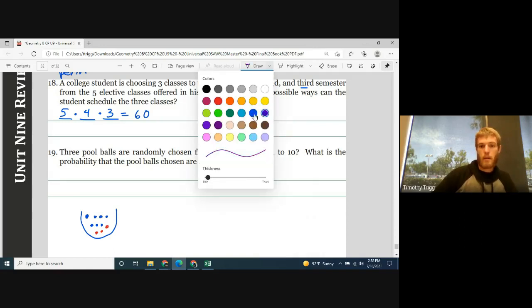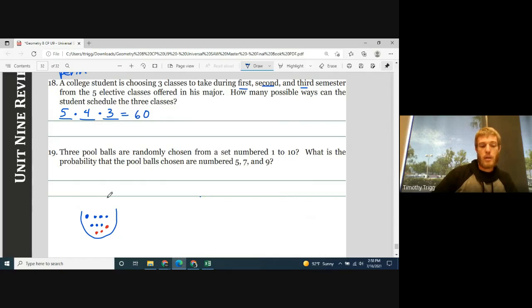Well, I'm going to pull out one of these balls. What's the probability I get a red one? There are 3 red ones out of 10 total. Then I'm going to pull out a second pool ball. Imagine I pulled out one of the red ones and put it to the side. Now how many pool balls are in there? There are now only 2 red ones, and 9 in total.